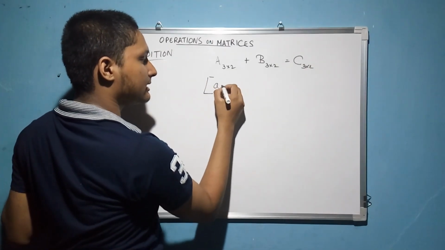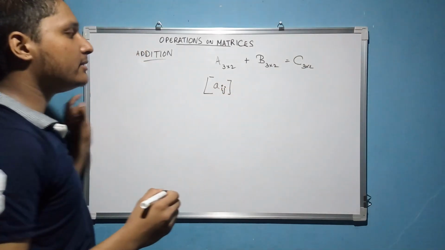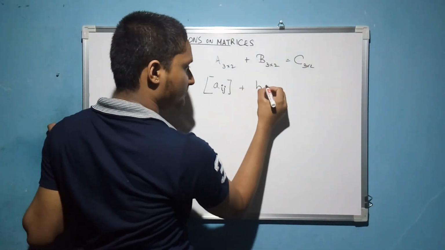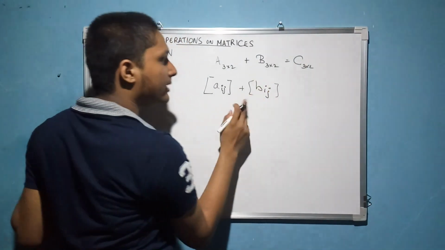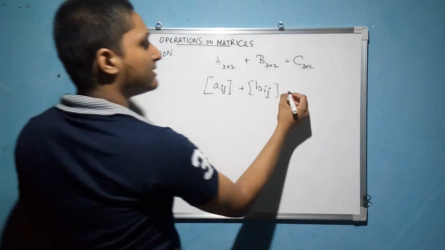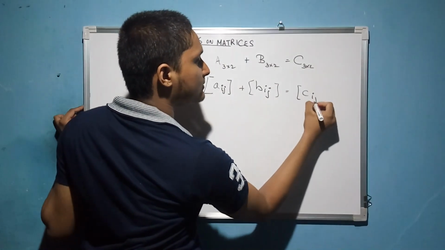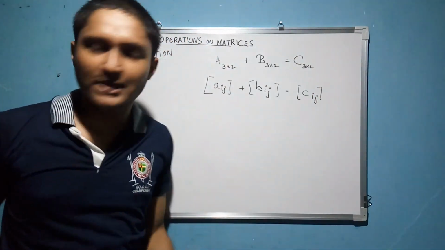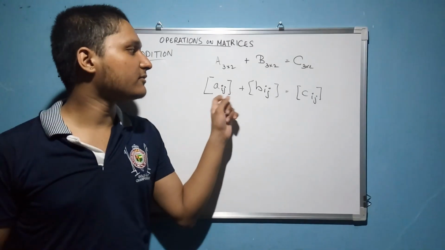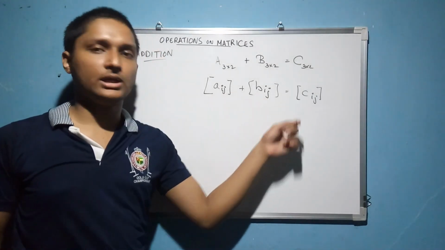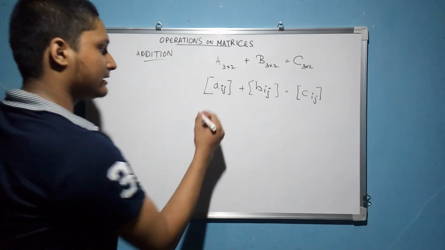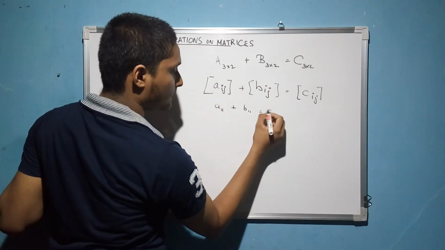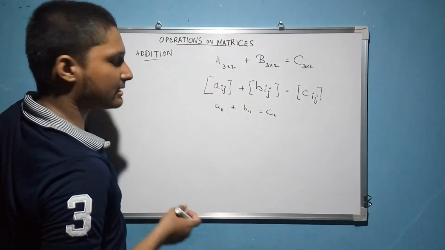If I consider Aij as a general element belonging to this set, and Bij as the general element belonging to this set, then their sum should be equal to the general element belonging to the set C. If A plus B is equal to C, then the general element of A plus the general element of B should be equal to the general element of C. Or I can say the first element of the first row of A plus the first element of the first row of B should be equal to the first element of the first row of C.